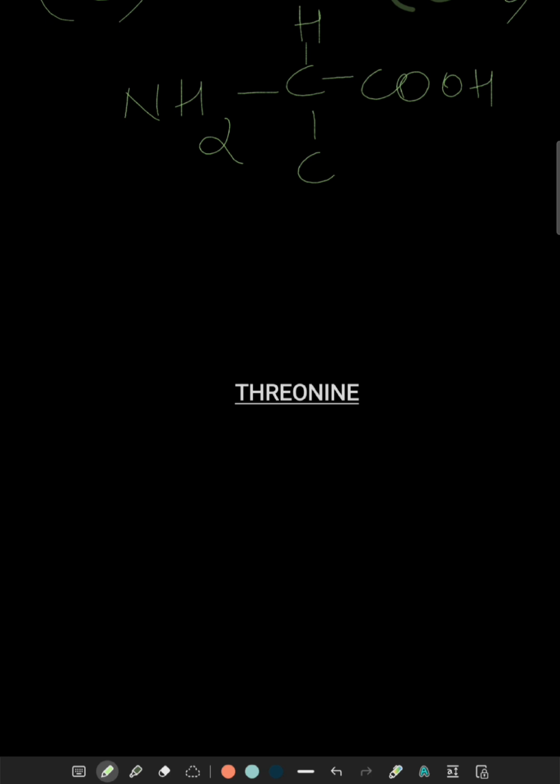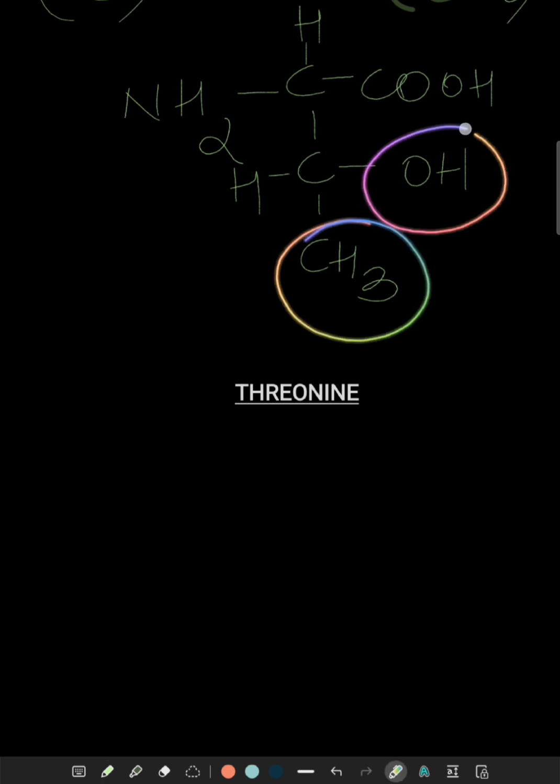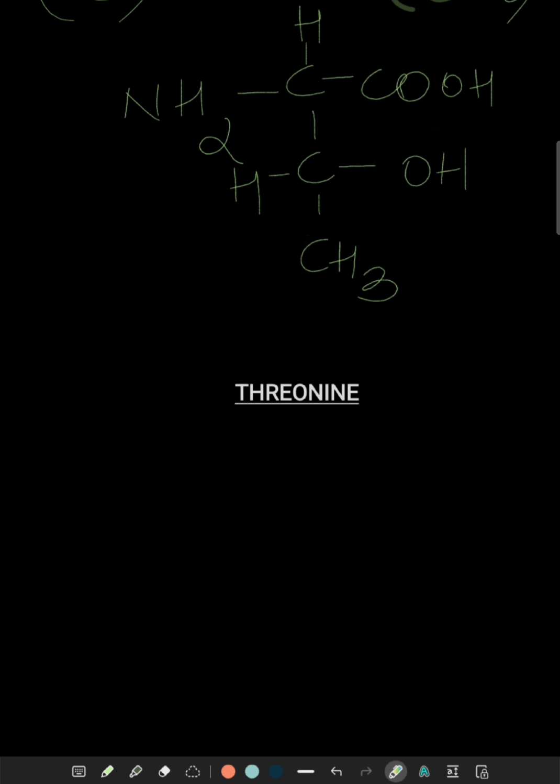We have to make sure that it contains a methyl group at the end, and then it has a hydroxyl group present towards the right side. So 1, 2, 3, and then it'll have an H to fulfill its valency. Threonine looks like this, with a methyl group. We have to understand that it has a methyl and a hydroxyl group present in its R group. Threonine's three-letter code is THR, and the one-letter code is T.